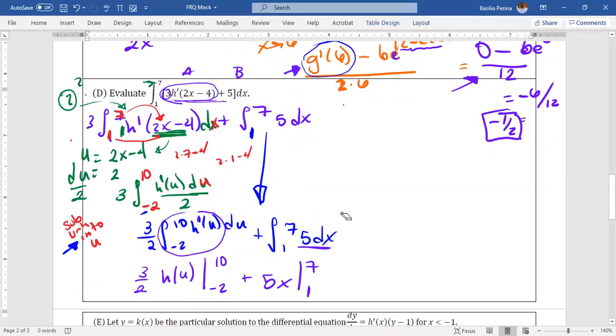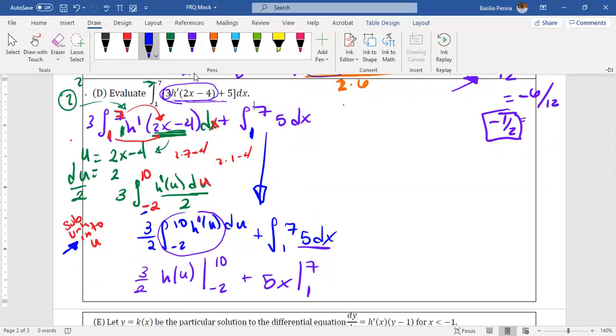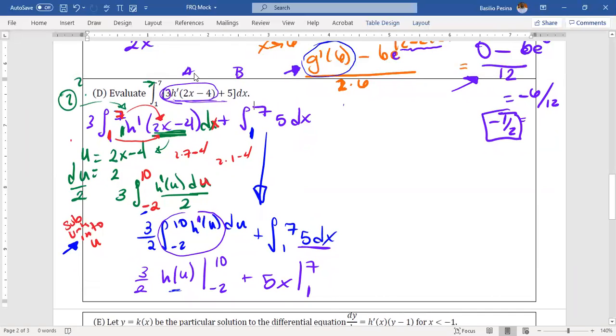So all we have to do now, guys, it's not that bad. We just have to substitute everything that we know. So do we know what h of u is? Actually, we can just use the function itself. H of 10.